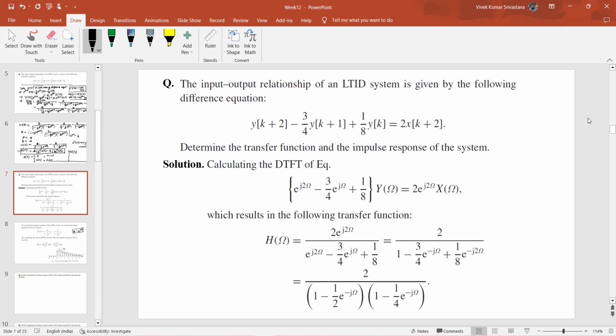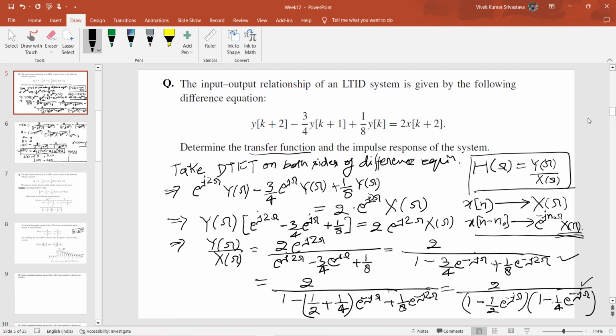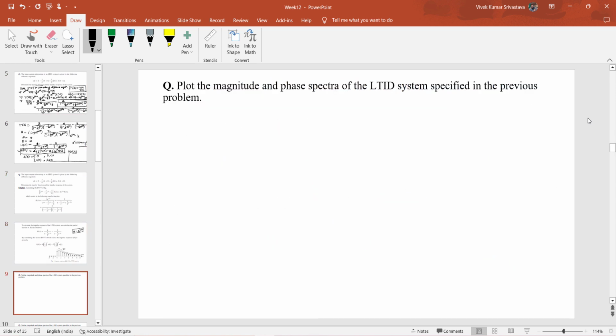So whatever transfer function was given to us, this one that we have analyzed, this is basically h of omega. We have to plot the magnitude and phase response of this transfer function. That is what the problem is stating.